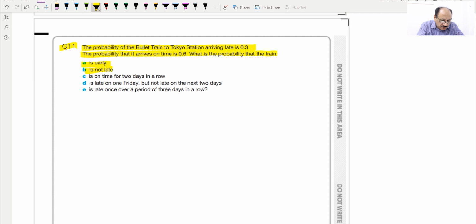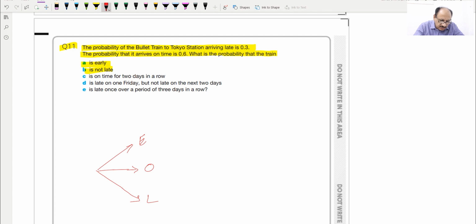Before going to the questions, we can discuss the tree diagram. What will be the tree diagram? We can take the three options, and these will be the three options which we can draw. The first option will be early, then on time and late.